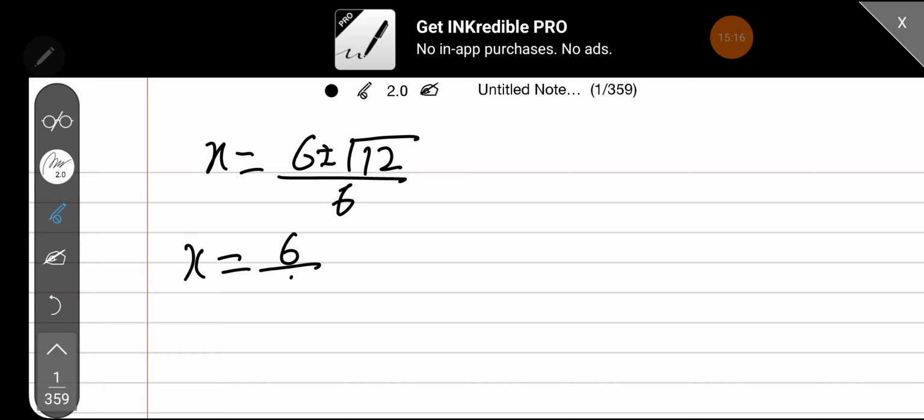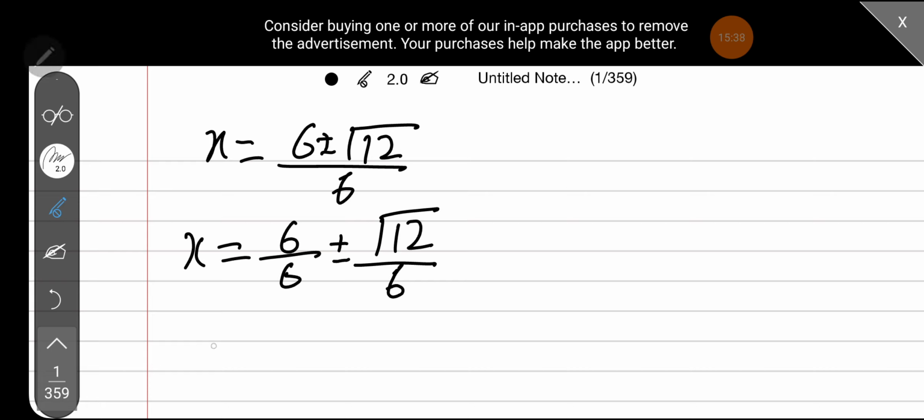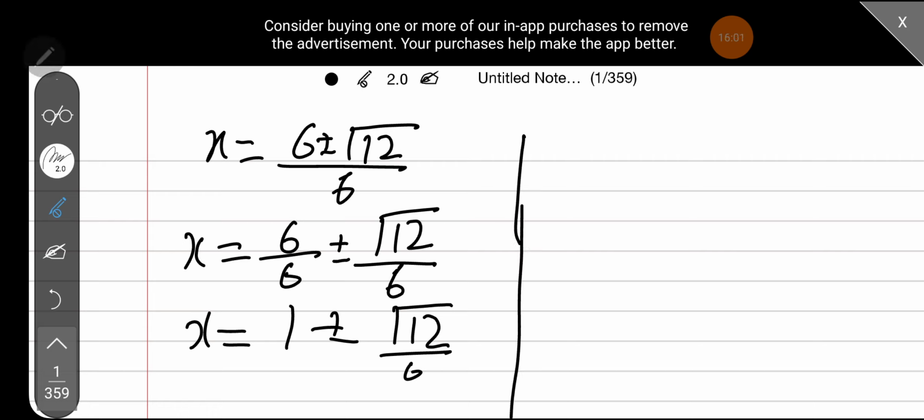Now if we simplify this equation, what will happen?